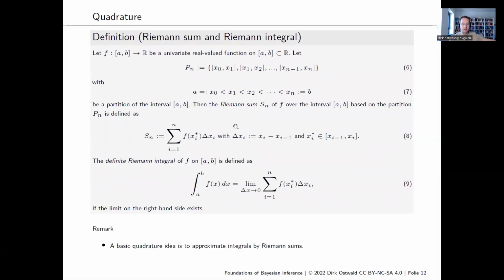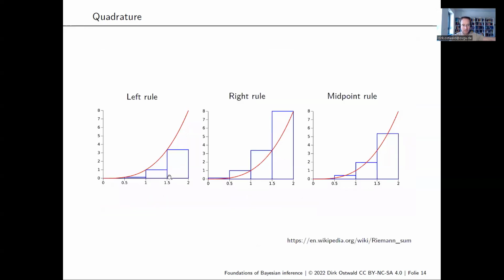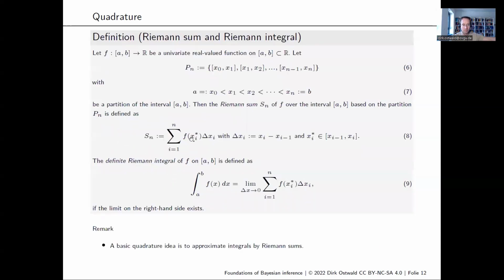The Riemann sum over the interval AB based on this partition is just the sum of the products of the width of the intervals, so the width of these bars, multiplied by the function that you're trying to integrate at some location between the bounds of the interval that you're considering.